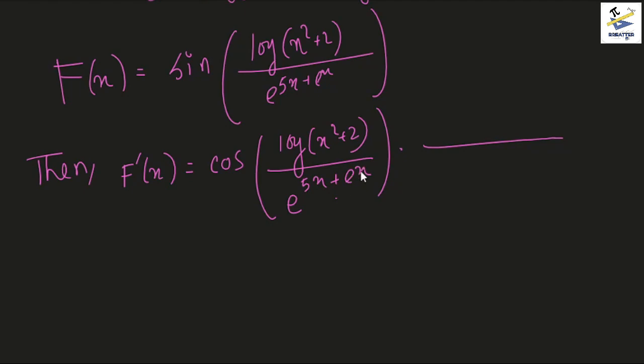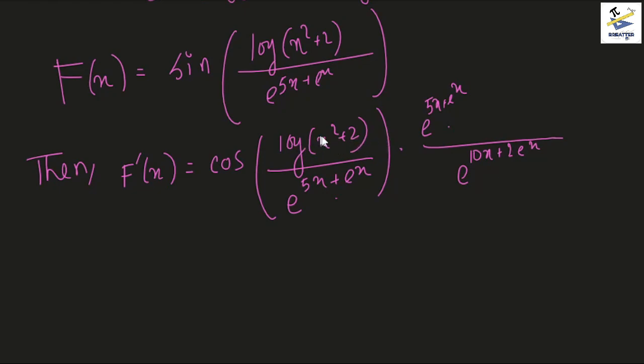So this is g(x), this is f(x), so this should be squared. Squared means multiplying by 2 in the power, which is e to the power 10x plus 2 e to the power x. Then we have e to the power 5x plus e to the power x into the differentiation of log of x square plus 2.